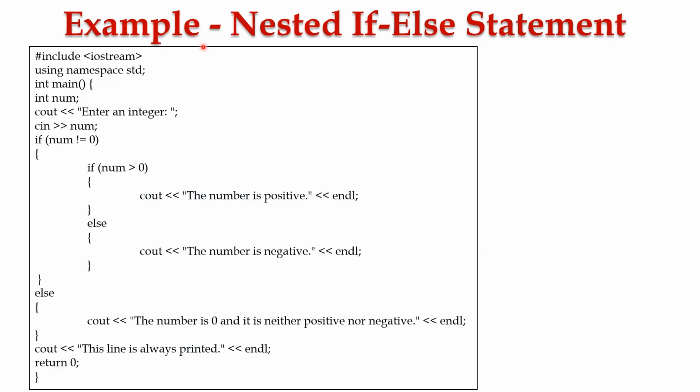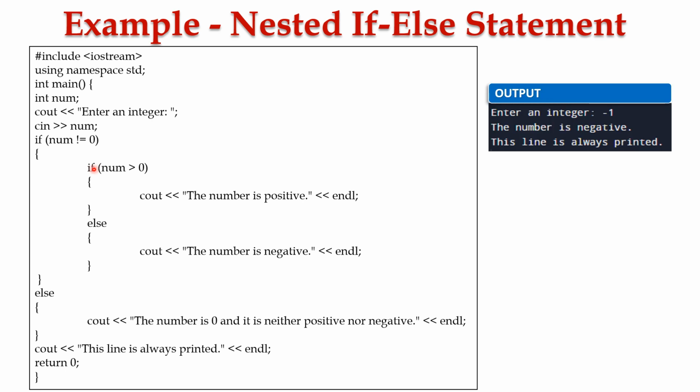Let's have an example program for the nested if-else statement. In the main function, we have declared the variable num of integer data type, and using a cout statement we have displayed "Enter an integer" to the user. Using a cin statement, we have obtained the value for the variable num from the user. Then an if condition is given here: if num is not equal to 0, then we have another nested if statement.